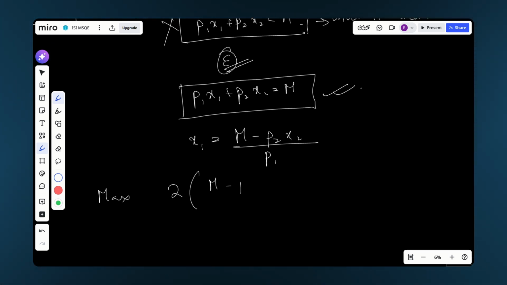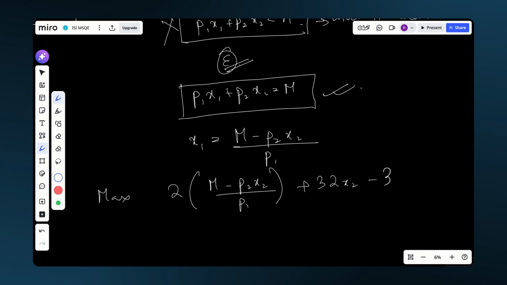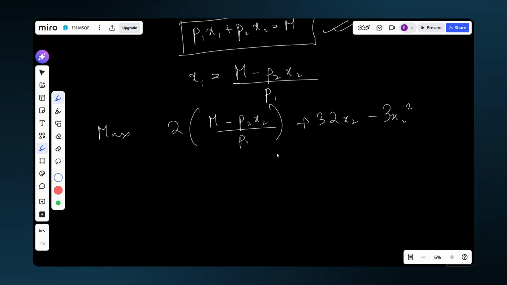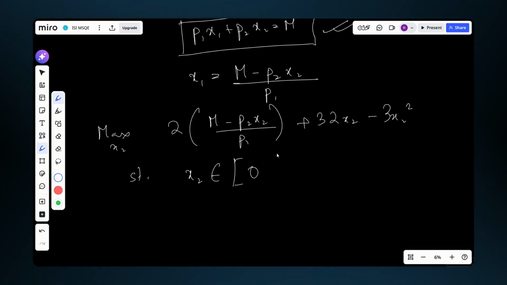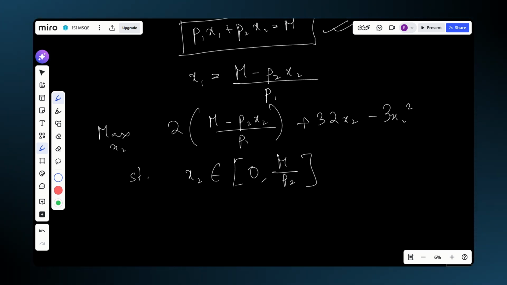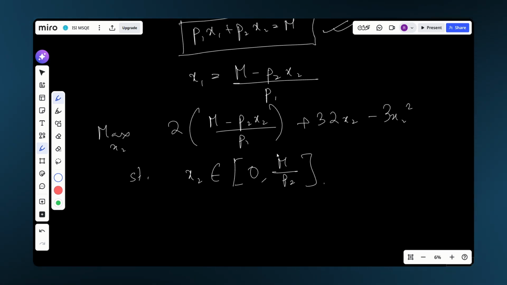So it is 2 times m minus p2 x2 by p1, plus 32x2 minus 3x2 square. But still we have a constraint. What is that? Our x2 will be between 0 and m by p2, since the least I can have of x2 is obviously 0 and the maximum is m by p2.